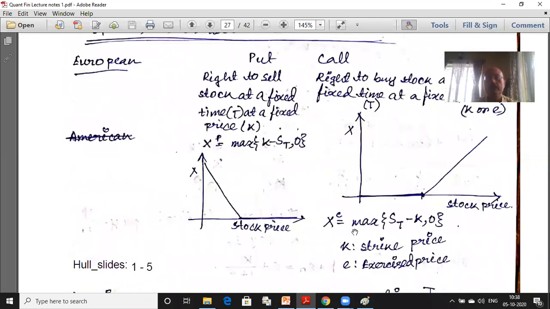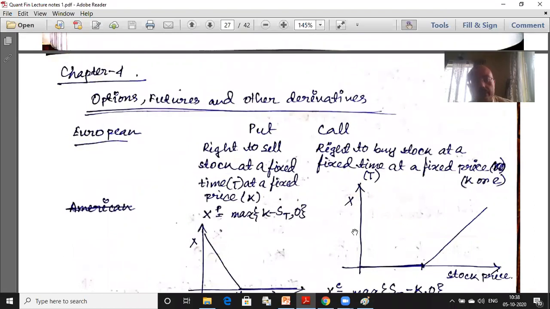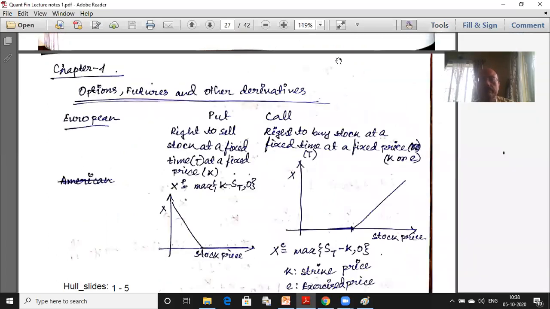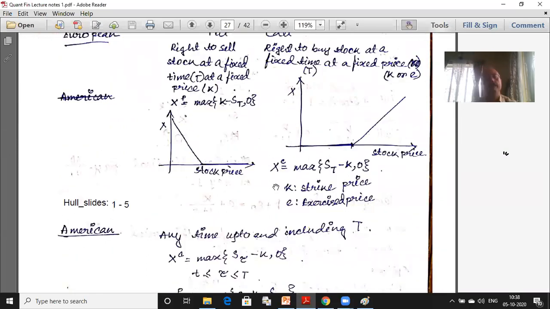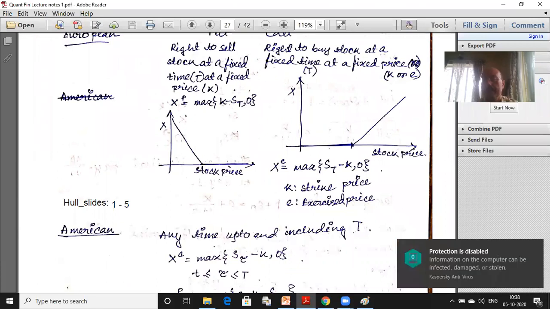As I said, just a quick recap. We have two kinds of arrangements. One is the European arrangement where you only get to exercise your right on the expiry date. But for an American option, you can exercise it whenever you want between the time when you buy the contract and the expiry date.